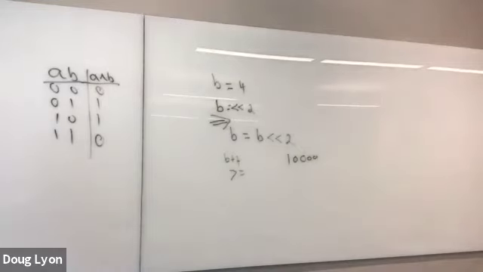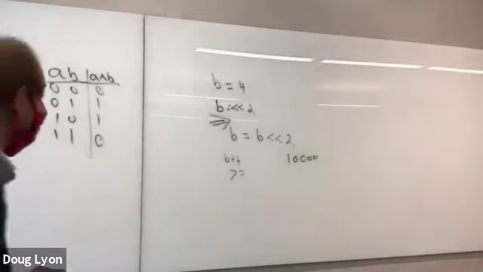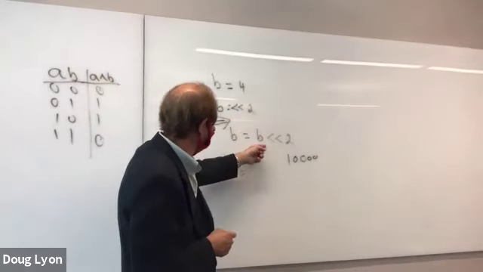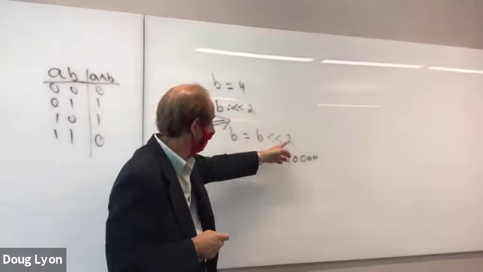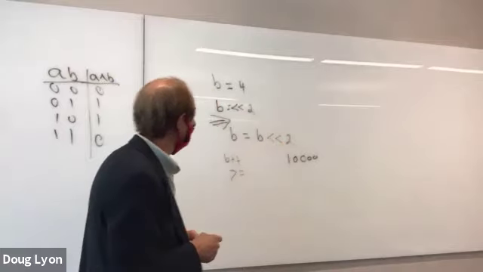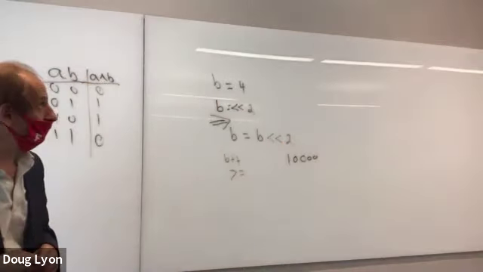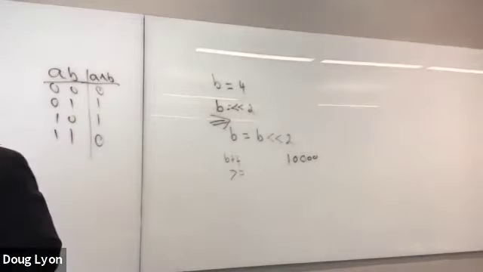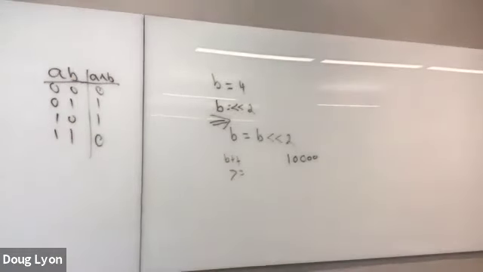Yeah, false. It is 16 because shift 2 is the same as B equals B times 4. So this is the same as B equals B times 4. That's like multiplying by 2 to the 4. I'm sorry, 2 to the 2, which is 4. So what does the shift do? Just it moves the numbers.